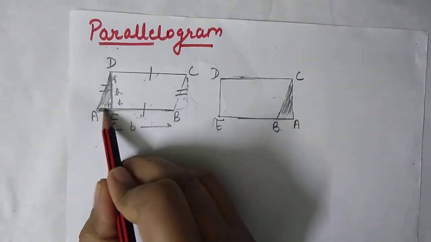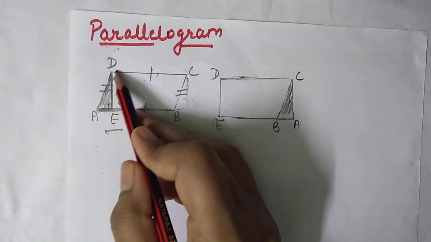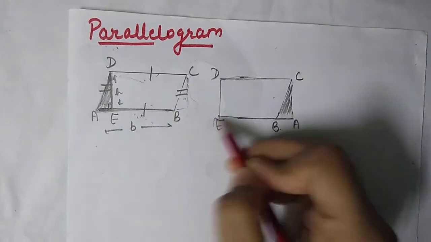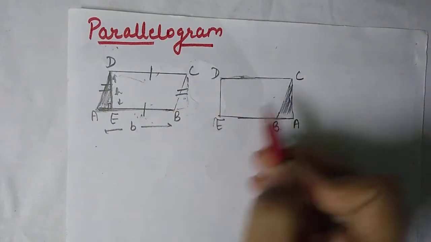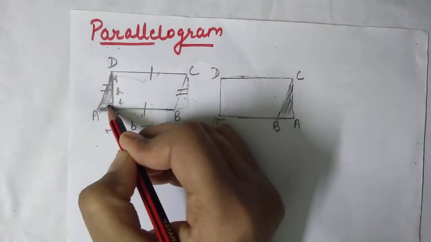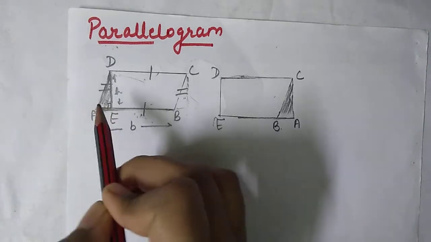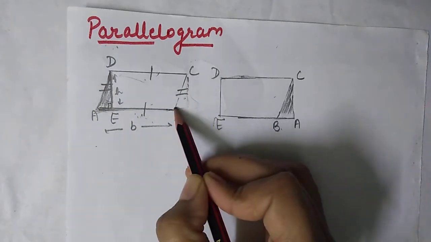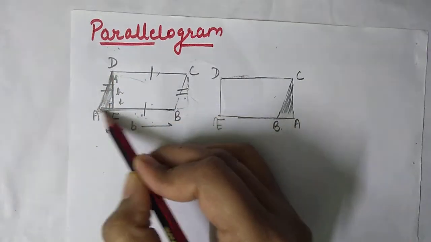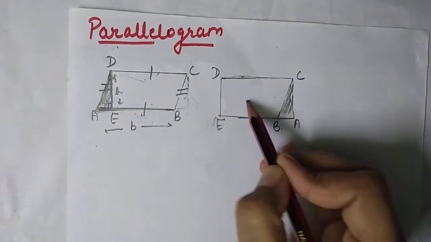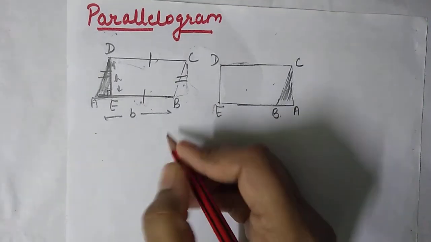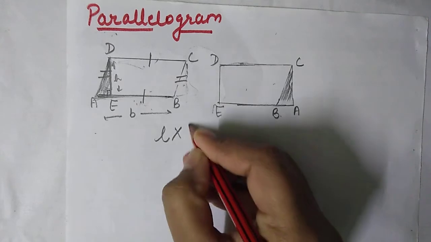So I have the same rectangle. So we can say that the area of this parallelogram is equal to the area of this rectangle, because the same part of the parallelogram I have taken and pasted here to form this rectangle. Now we know that the area of a rectangle is length into breadth.